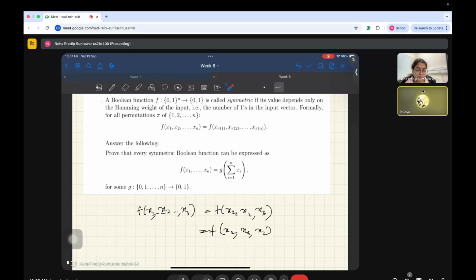Yes. So G is acting as a transformation function here, but the argument of the function G is a summation of all the xi's. And if it is a normal summation, then we are computing whether this sum is an even quantity.